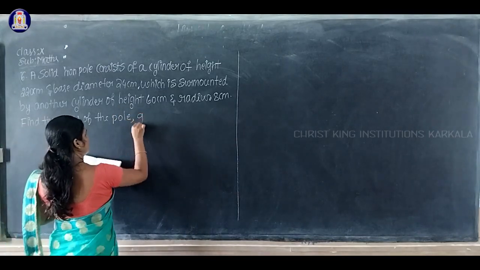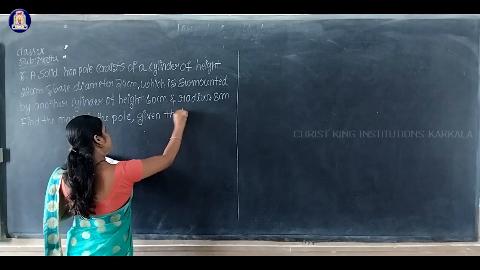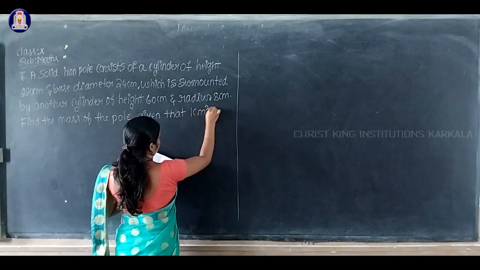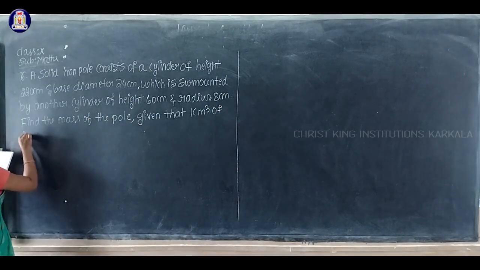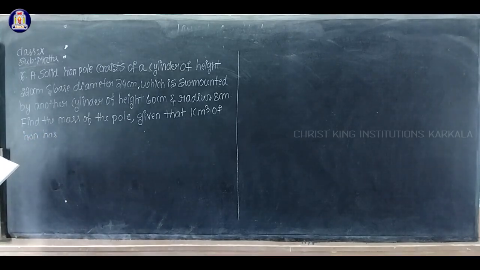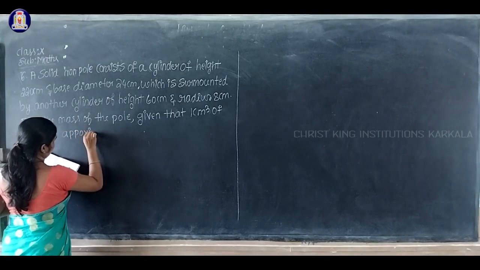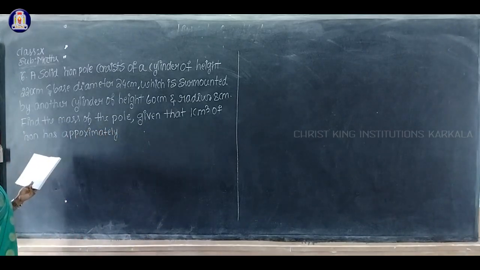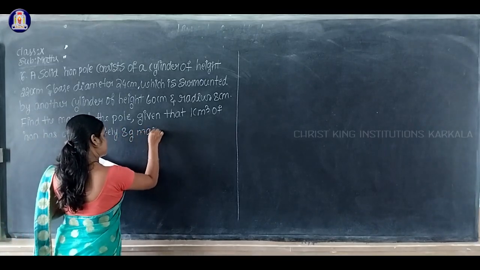given that 1 cm cube of iron has approximately 8 gram mass.